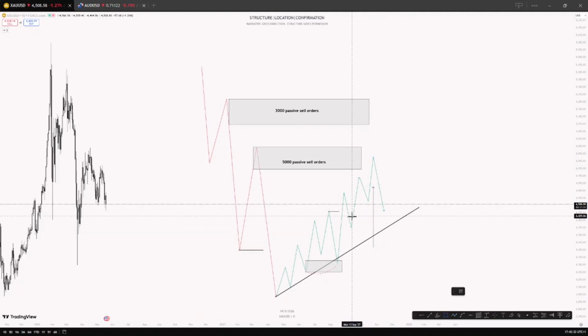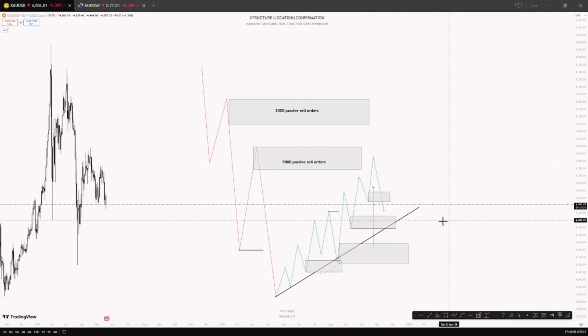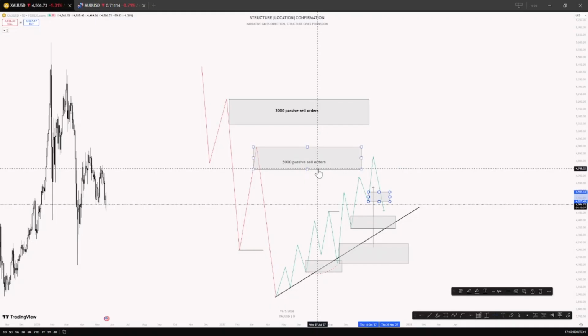Remember, there is demand, there are orders inside of every demand zone we have inside of a bullish move. The question is, is the demand carrying enough buy orders to sustain or absorb a bearish pressure? Now, for example, we come from here, we absorb 5,000 passive orders, and that order pushes price down, violates this demand, meaning this demand does not have enough demand to absorb or overwhelm the sell orders coming from here.